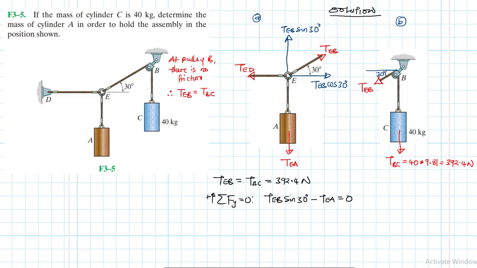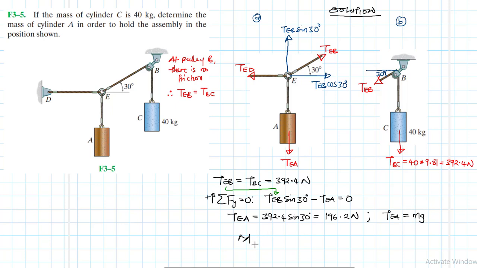We already know what TEB is, which is this one here, 392.4. Replacing it in there, we'll find that our TEA is going to be equal to 392.4 sine 30, which is eventually equal to 196.2 newtons.